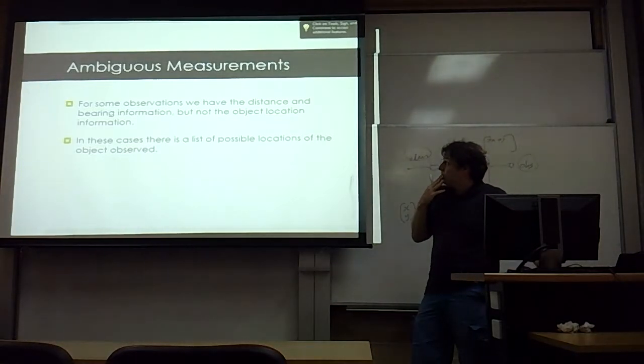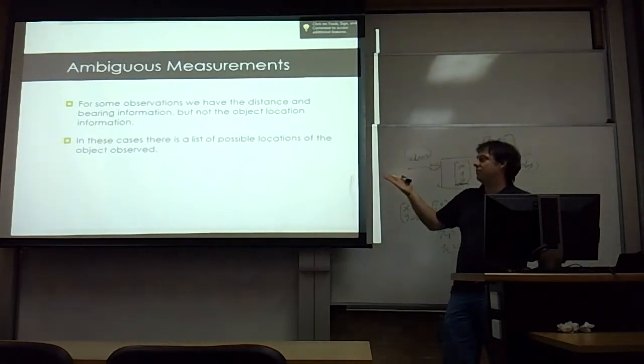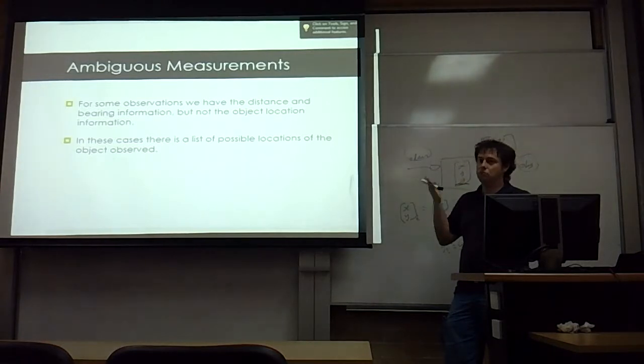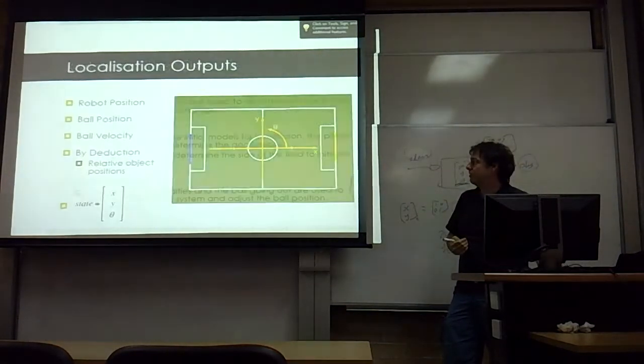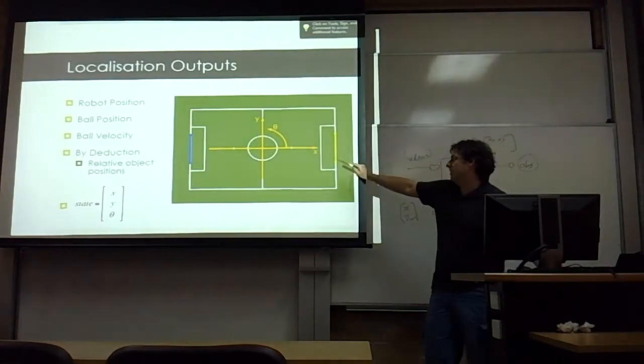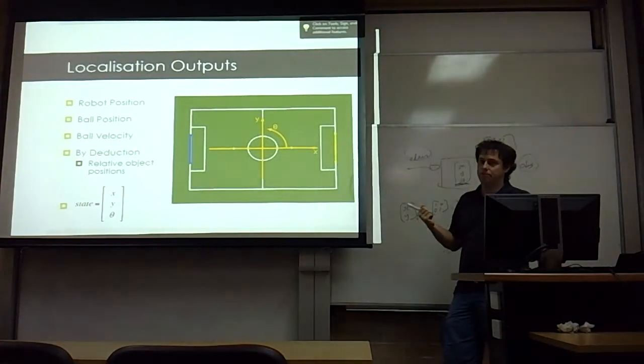And so now we're coming to the more complex part. For some of the observations, we have the distance and bearing information, but we don't actually know what the location of that object is. For example, if I go back to the field, if you see a goalpost, you know your distance and your bearing to it.